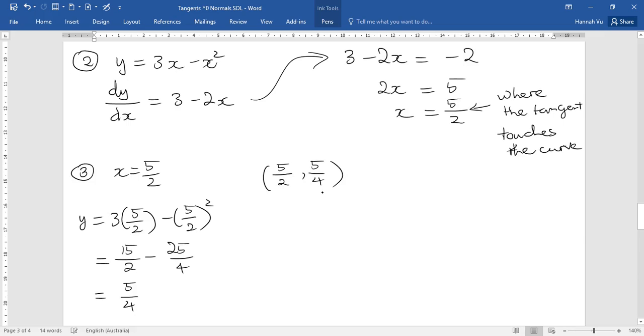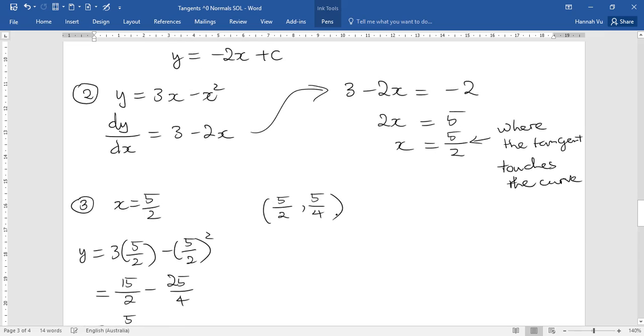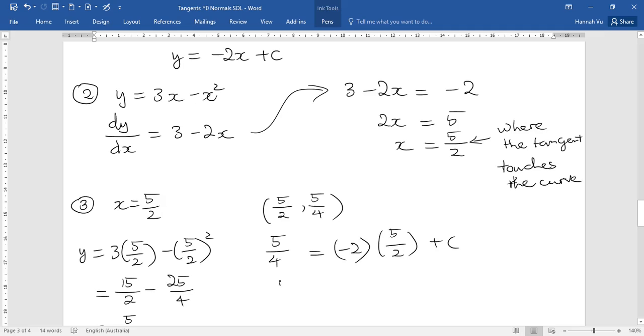And from here, you can substitute the x and y values into the equation of the tangent so that you can find c. 5 over 4 equals negative 2 times 5 over 2 plus c, which simplifies to negative 5 plus c.